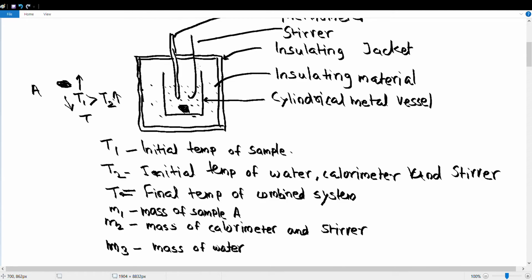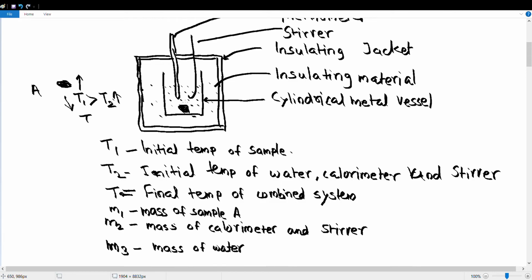Now here the role of this stirrer is to make the temperature of this water uniform. This stirrer is moved up and down. Then the water which is at the bottom came to the top, and the cold water which is at the top came to the bottom, and the temperature becomes uniform.